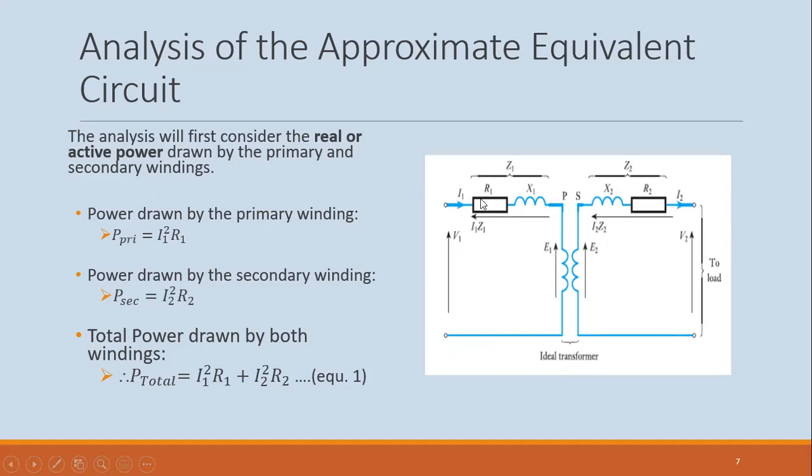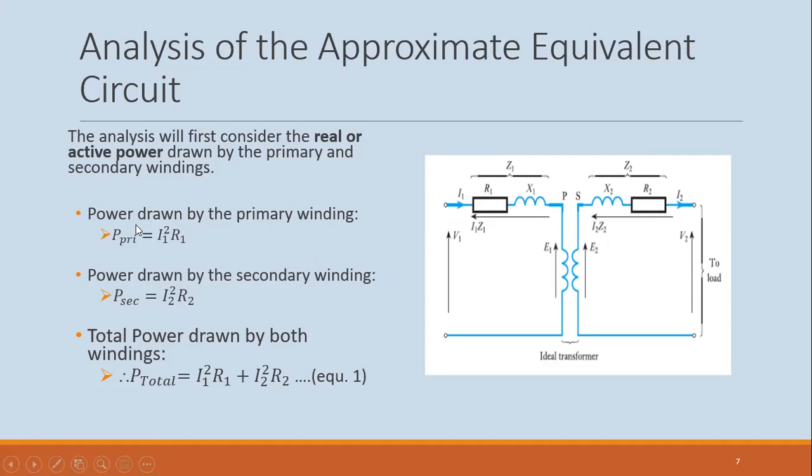So real power through a resistor, remember now, would be I square R, right? I square R. So the transformer is loaded, right? So that's why you have a secondary current too.